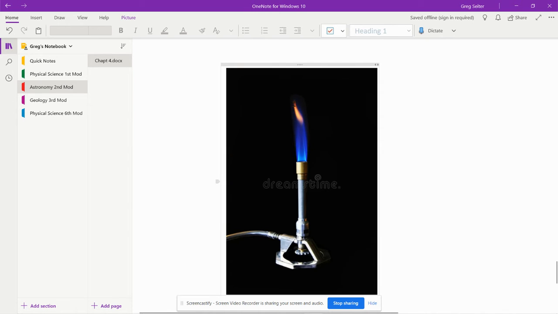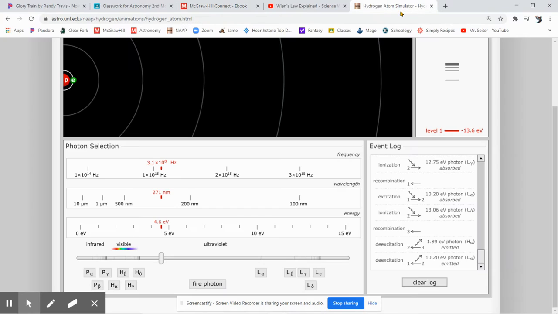That is the carbon atoms in the air showing us emissions. This, the blue part, is the gas. It's the carbon atoms in the gas. And this is working more like this did.